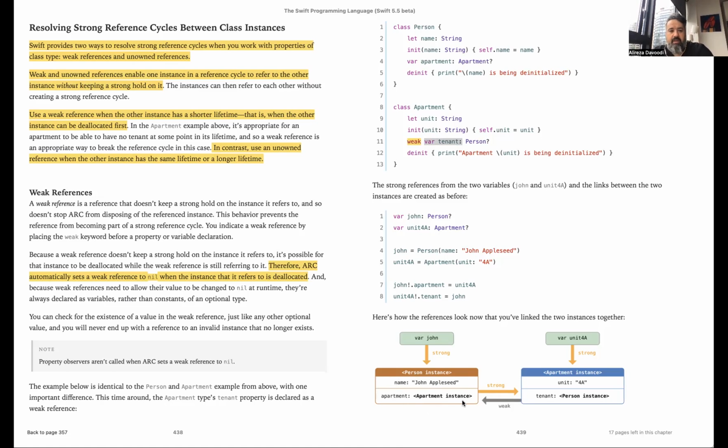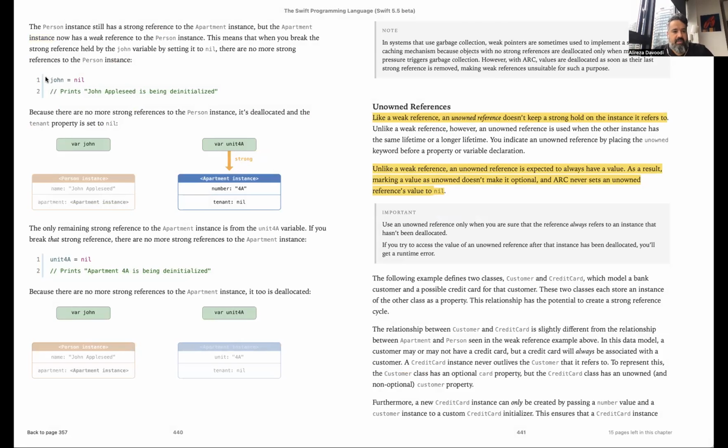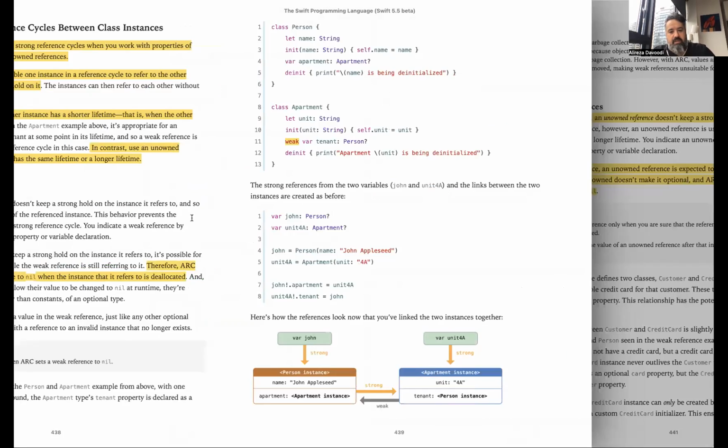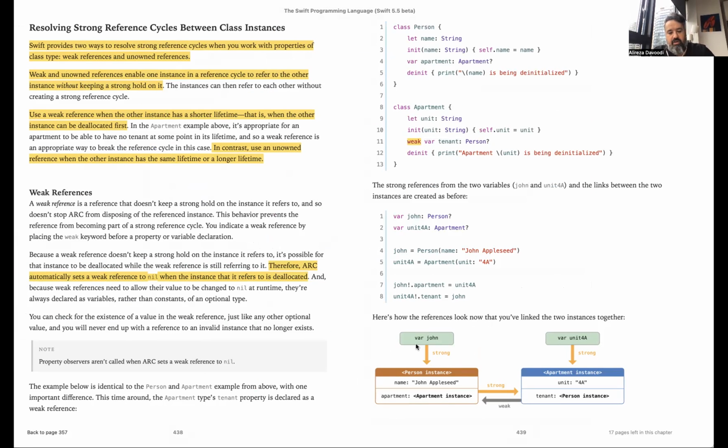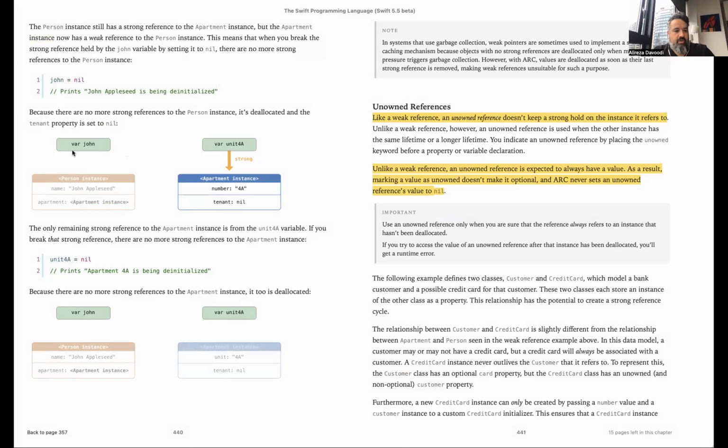So how does it help? Let's say you assign john equal to nil. When you assign john equal to nil, you are breaking this strong reference, so it doesn't exist anymore. If this doesn't exist anymore, that one reference count is gone.